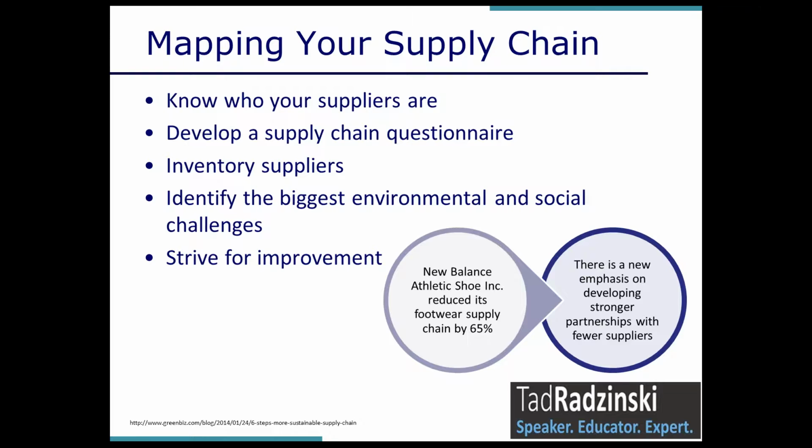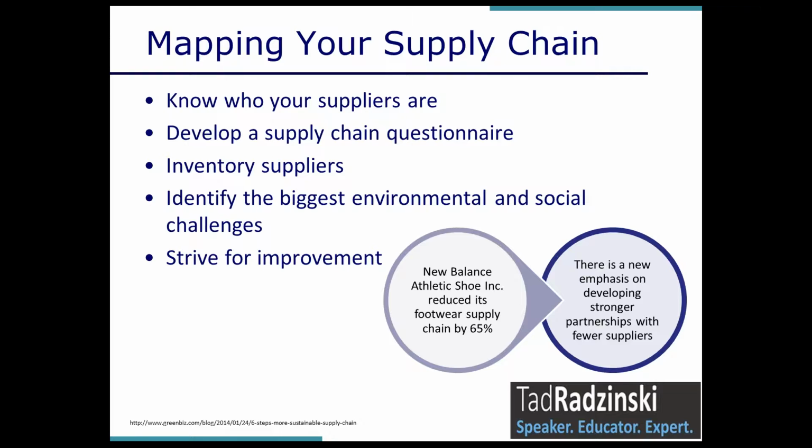And then by getting that information together, next step as part of your sustainability initiative within your company, you should have done a materiality assessment where you understand what are your biggest environmental and social challenges. You can do that by running a life cycle assessment of your products and really getting a handle on what parts or materials are driving your impacts.